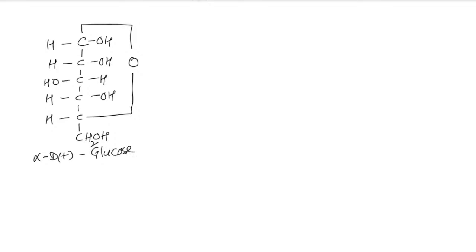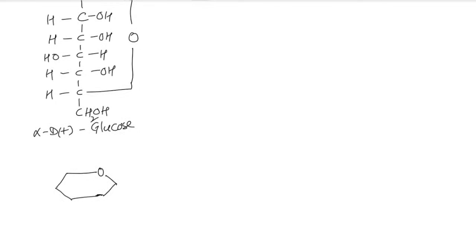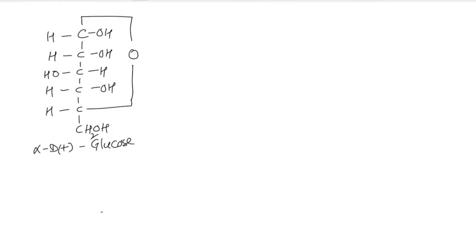So to write it like this, this is Haworth projection formula, okay. This one is Fischer projection formula, okay. Let us write it like here only. Okay, so this vertical line, that is called Fischer projection formula, okay. Now this is Fischer projection formula.